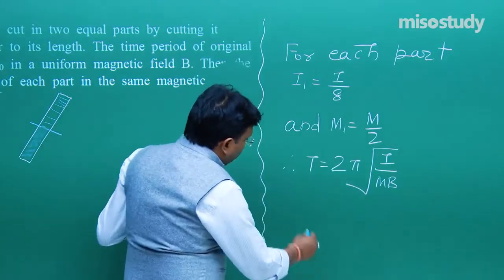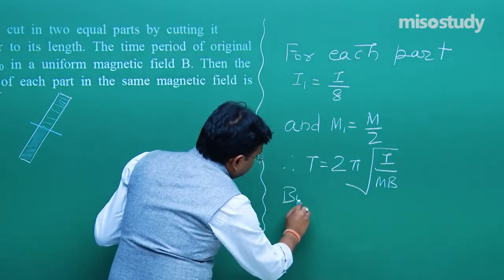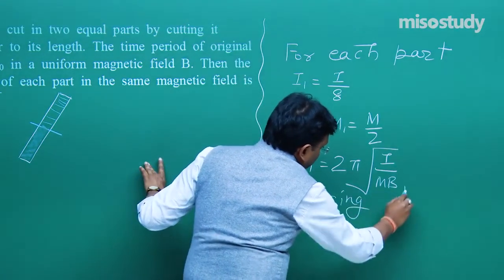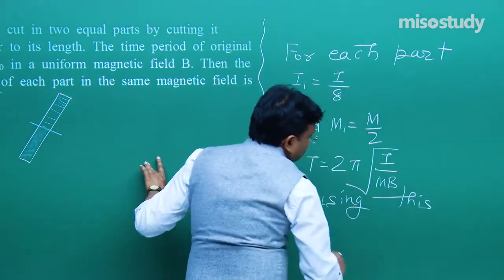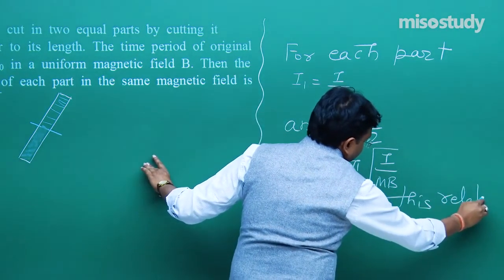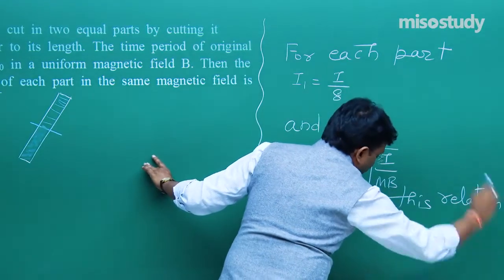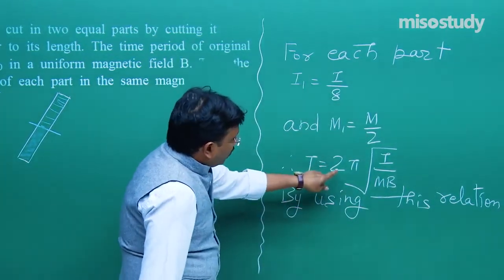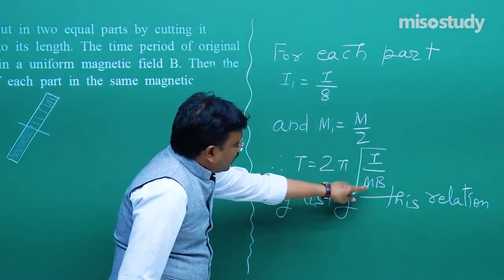So using this relation, T is equal to 2 pi root I by MB.